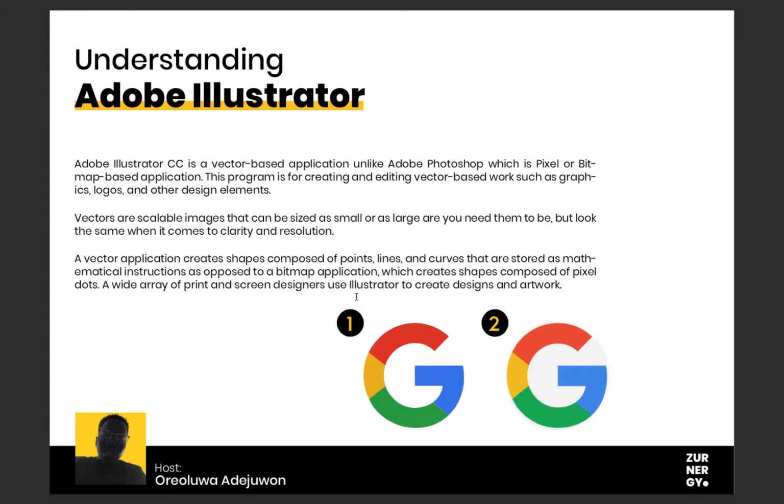Vector-based software like Adobe Illustrator creates shapes composed of points, lines, and curves, while Photoshop creates its designs based on dots, that is pixels. Adobe Illustrator and CorelDRAW have similarities, because CorelDRAW is also vector-based software.